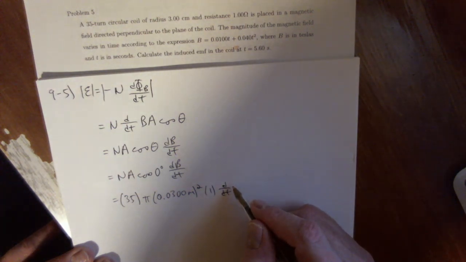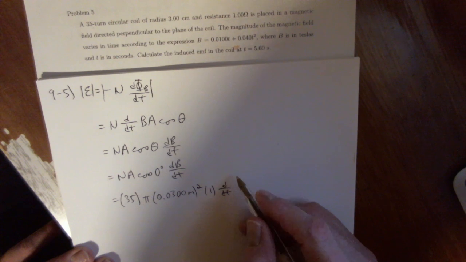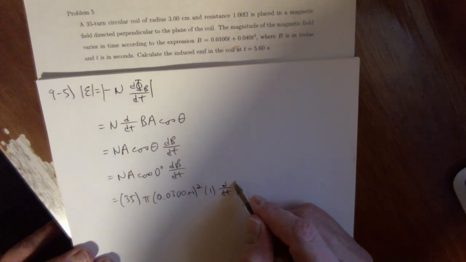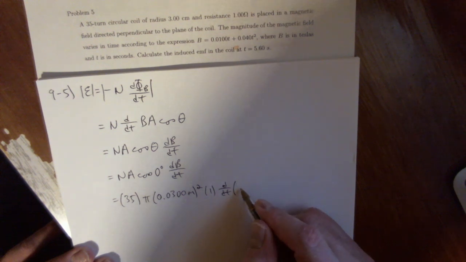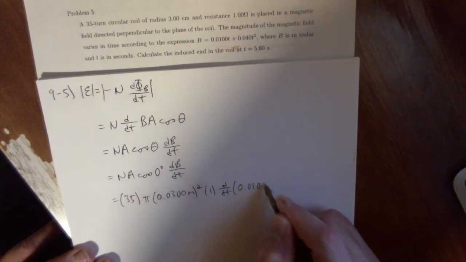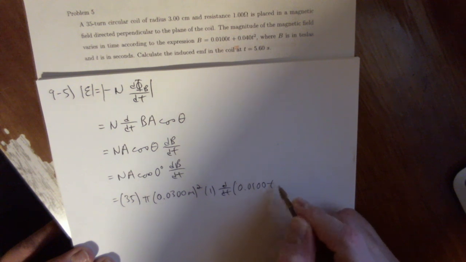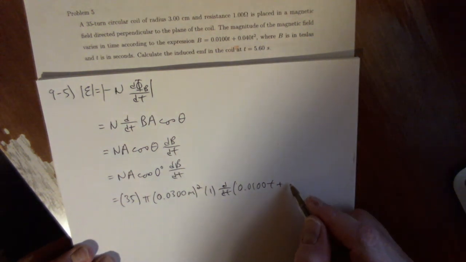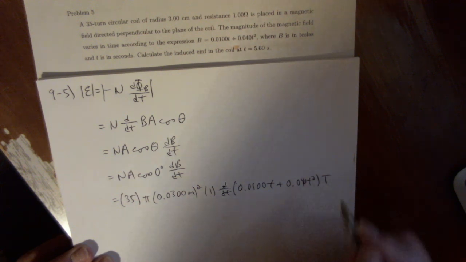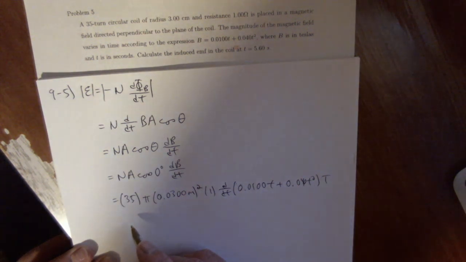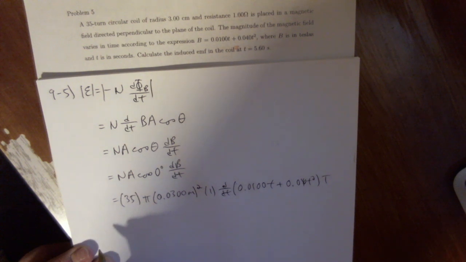I'll put the units at the end just to keep track of them. So 0.0100 t plus 0.040 t squared, and times the units, which are Tesla, because it's a B field.